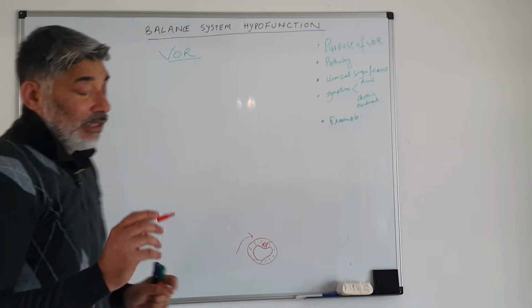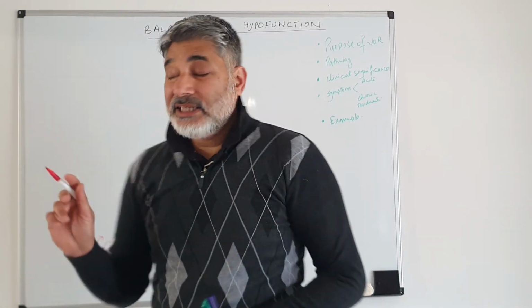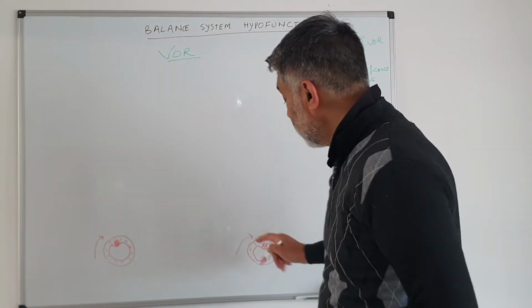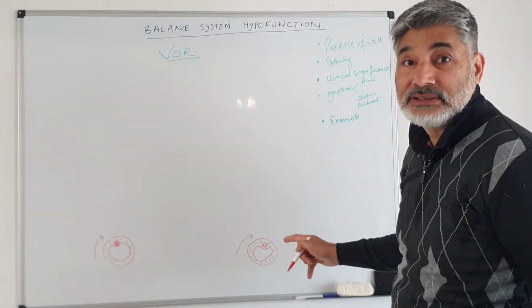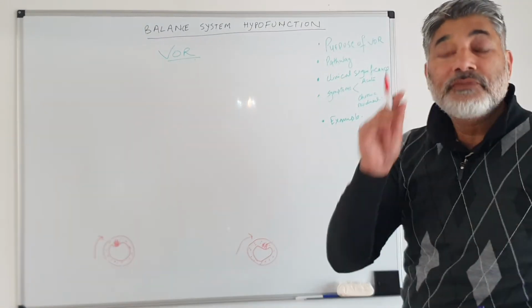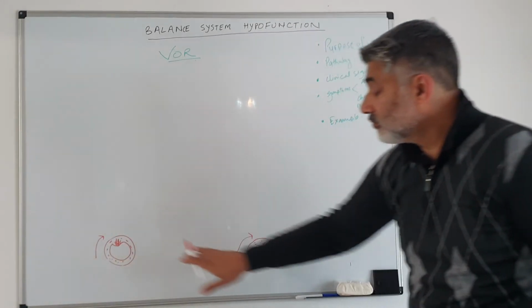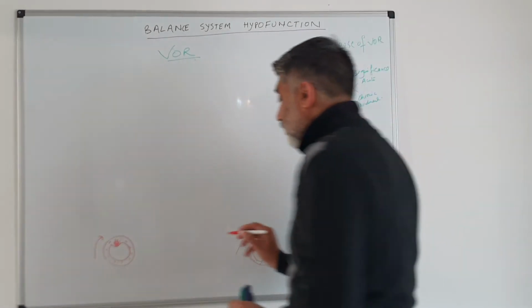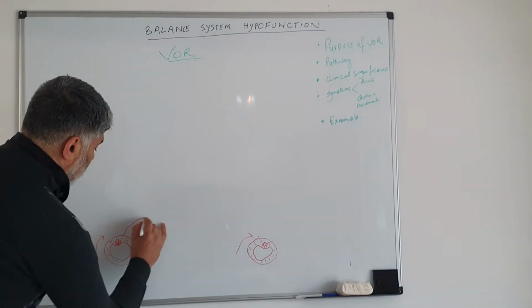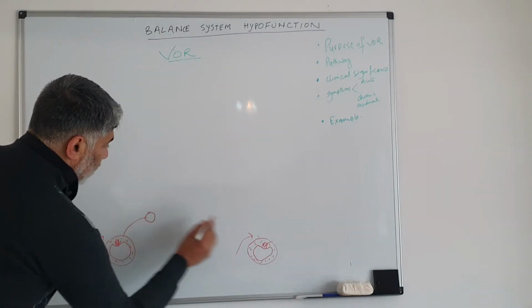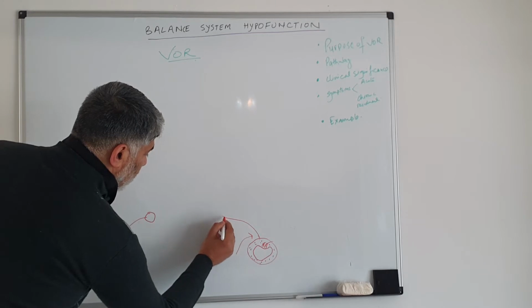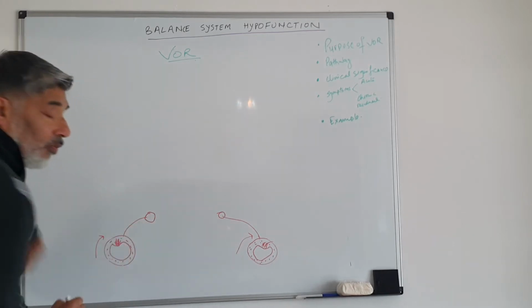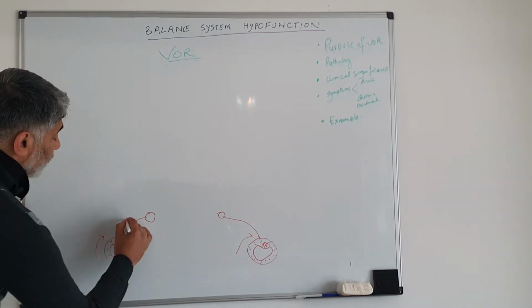Now the activation of these hair cells sends signals from these vestibular apparatuses to your midbrain via the eighth cranial nerve.